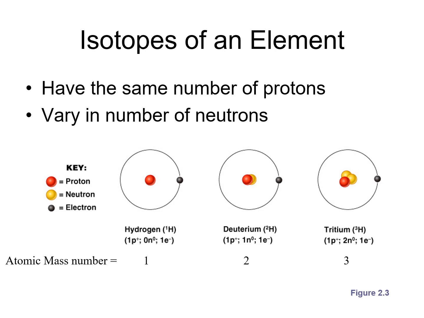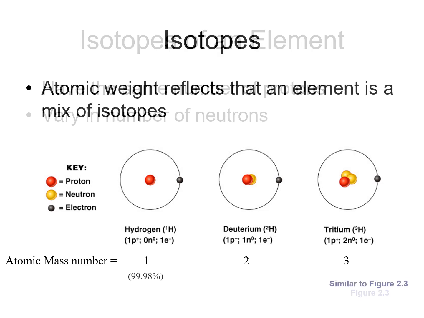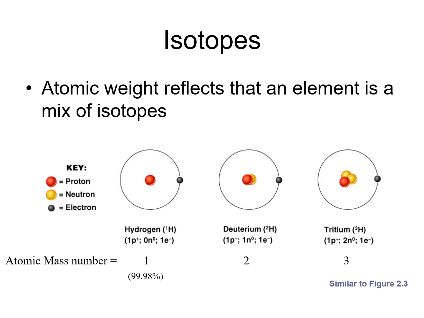Let's now discuss the subject of isotopes and atomic weight. Each element has a unique atomic number, that is, a unique number of protons. The atomic number for hydrogen, for example, is 1, therefore all atoms of hydrogen have 1 proton. However, you can have different atoms with different numbers of neutrons.